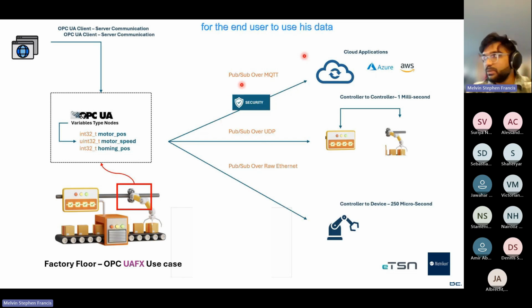When we are using PubSub over MQTT, we could use security features like TLS, transport layer security, network layer security, and application layer security, which gives you the needed edge level security where your factory floor remains secure and protected from all the threats that we are reading about. All this comes under the concepts of OPC UA FX, which I will be talking about in upcoming webinars. But today, let us keep it to how we can use OPC UA PubSub for real-time purposes.